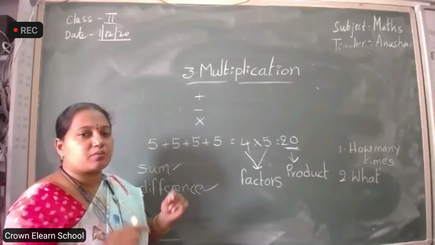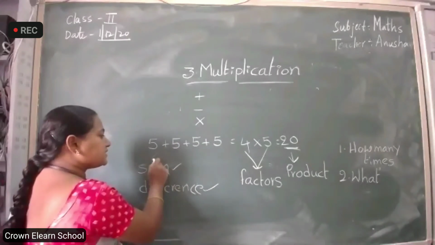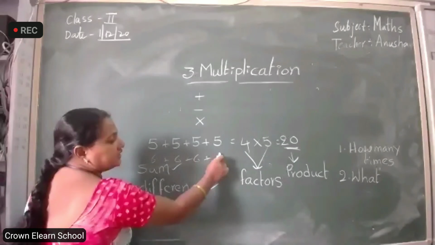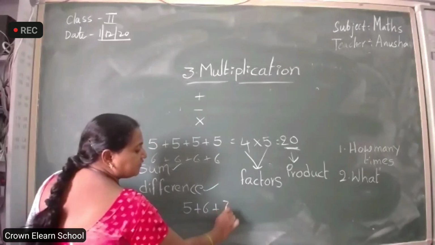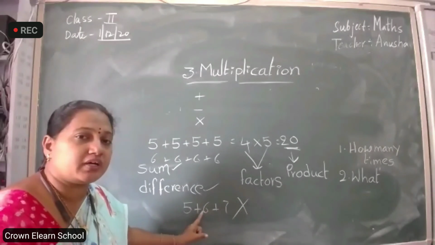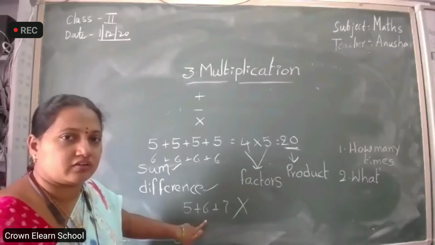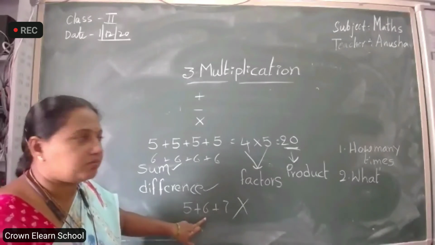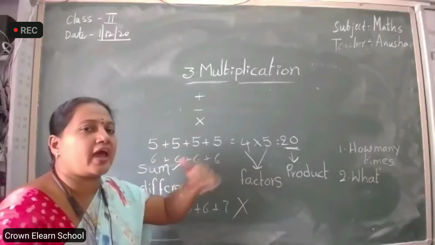If you take 6, every time you should add 6 only. 6 plus 6 plus 6 plus 6, like that. You should not add 5 plus 6 plus 7, this is wrong. You should not add different numbers. That won't come under multiplication.